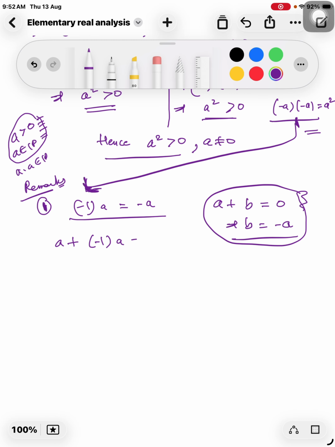सो कंसिडर करो इसको, ए प्लस माइनस 1 इंटू ए, this is a into 1 or 1 into a plus minus 1 into a, which is equal to 1 plus minus 1 into a, but 1 plus minus 1 is 0, so this becomes 0 into a, so we get 0.